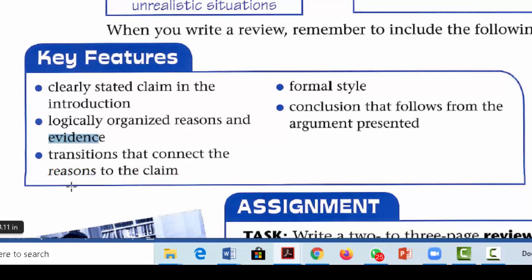Transitions that connect the reasons to the claim. If you don't remember, transitions are words like and, or, moreover, in addition to, since, if. These are all transitions, words used to connect ideas. So these are the key features for writing a review.